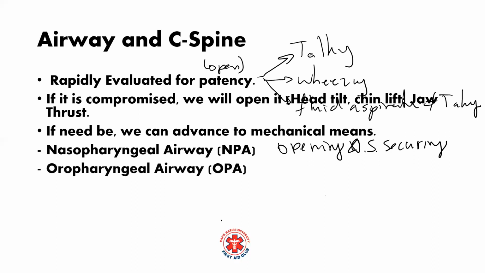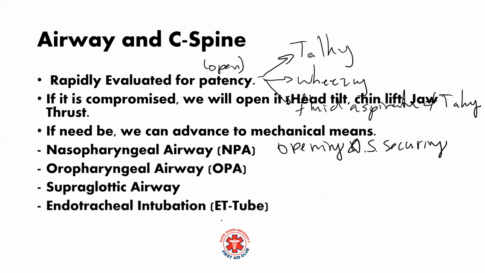Oropharyngeal airway: it is a plastic device that we put inside the mouth to open an airway passage. The supraglottic airway, we will take a look at that later because now we are going semi-invasive. Endotracheal intubation is invasive.